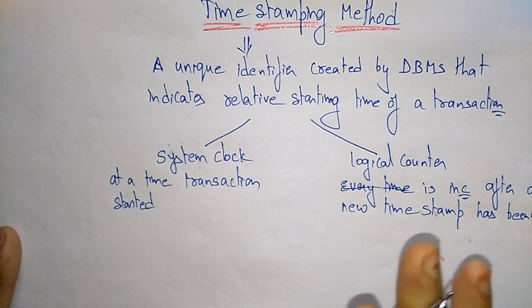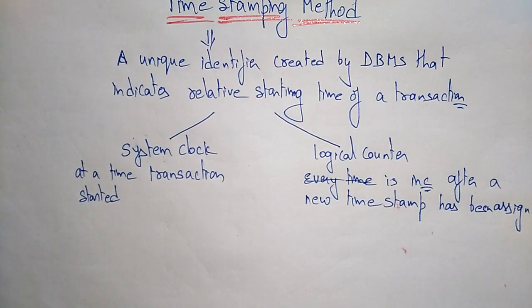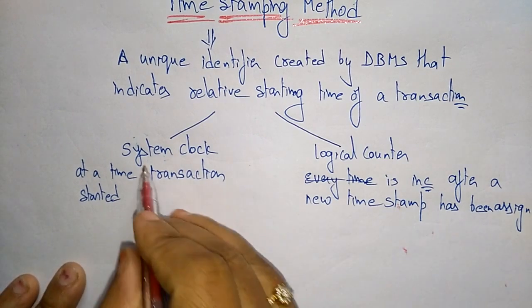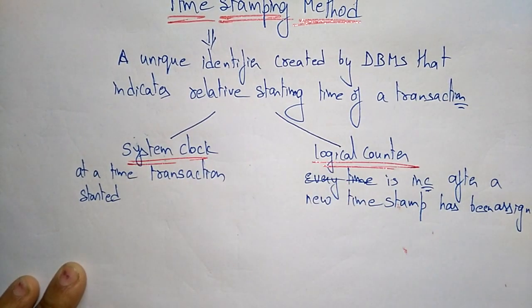Okay, so a logical counter is there. It's always incremented by one after every new timestamp has been assigned to a transaction. So these are the two techniques. The time stamping method can be generated by using the system clock or by using logical counters.